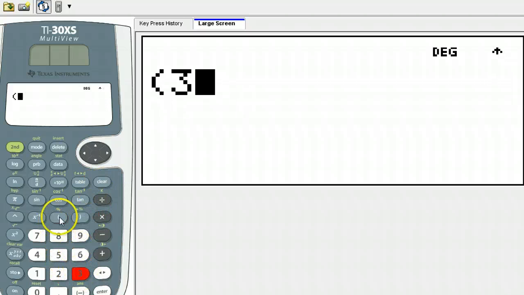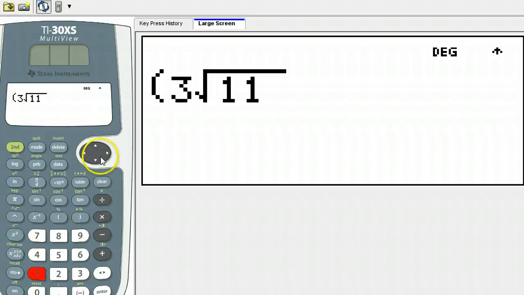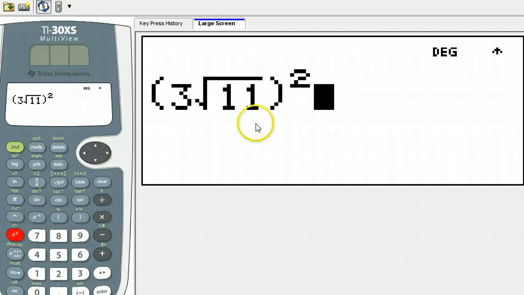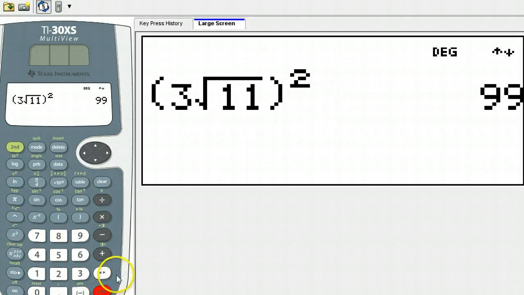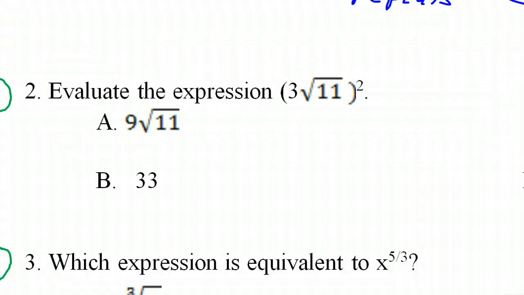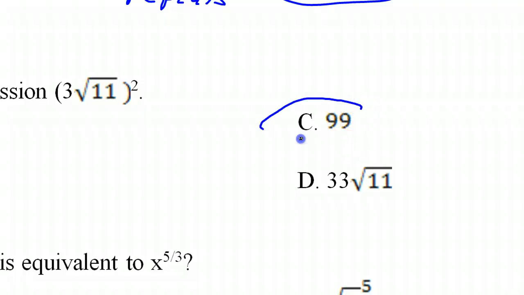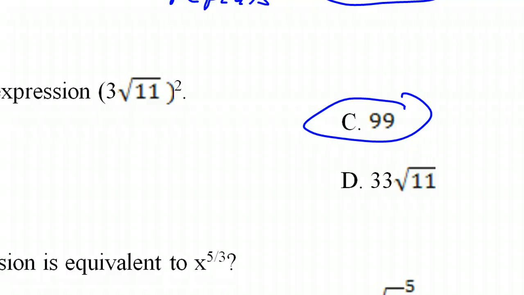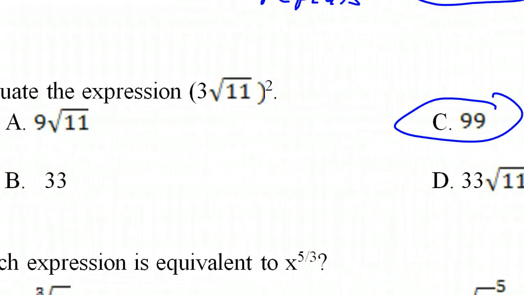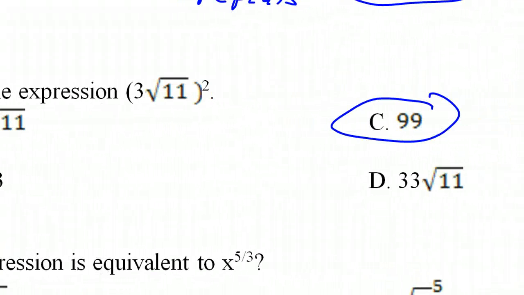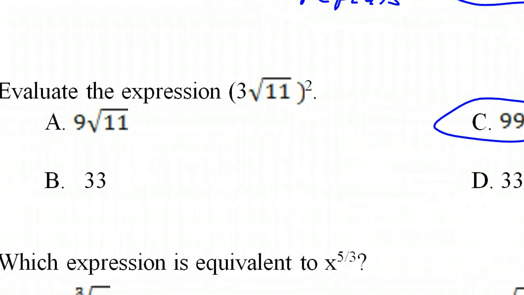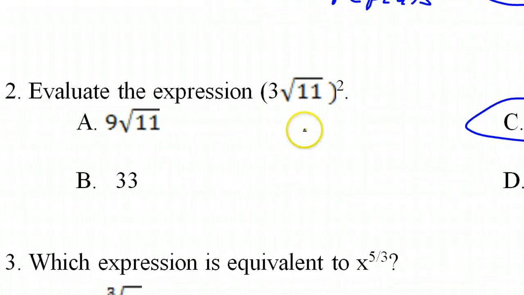Open parentheses, 3, and then there's our square root, 11. Get out from under there, close the parentheses, and that whole thing is squared. Oh, look at that, 99 is the answer. So this was multiple choice, so the answer is C. Anybody that got this problem wrong, I'm hoping you can see that your calculator is your best friend, and I really want you to use it. Even if you think your answer is right, check it.